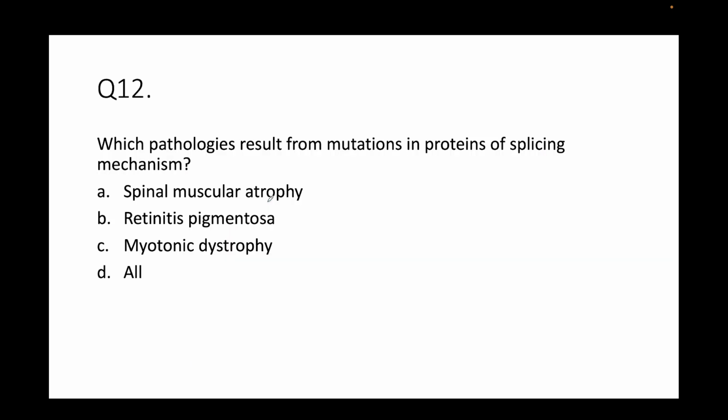Which pathologies result from mutations in proteins of splicing mechanisms? Spinal muscular atrophy, retinitis pigmentosa, myotonic dystrophy, and all.